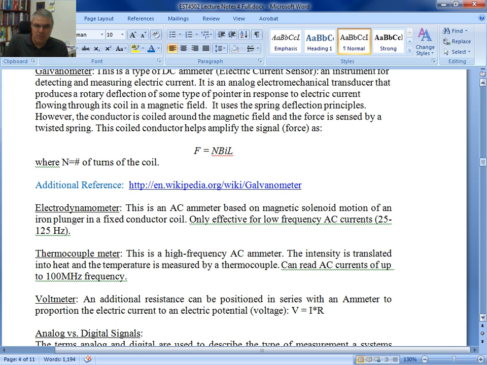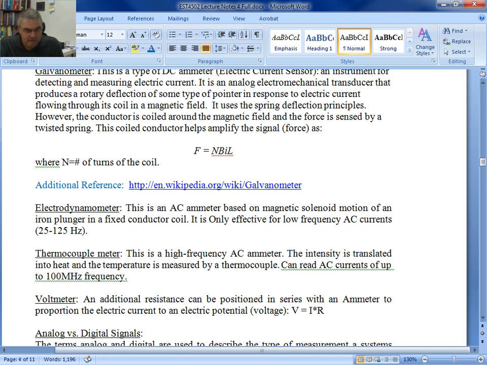Remember, the lecture notes that I'm going over are a shorter version, more like a summary of what you need to know for this class. So it is only effective for low frequency AC currents, otherwise they're not very effective.